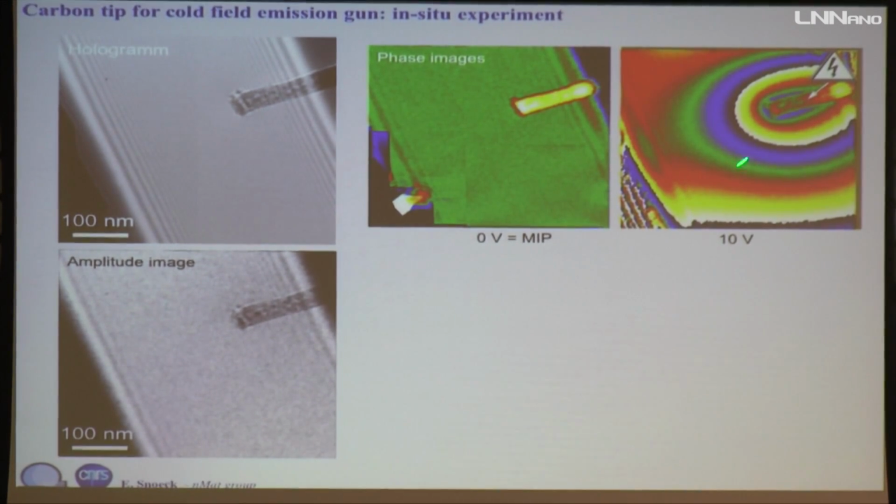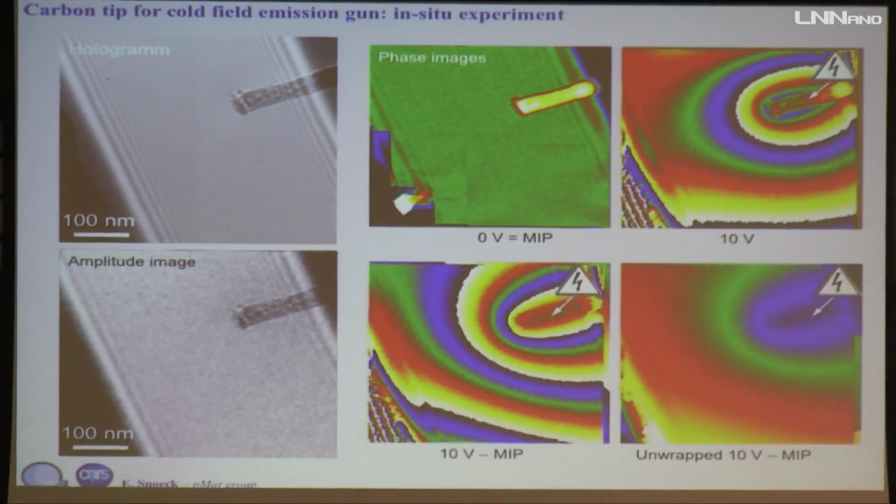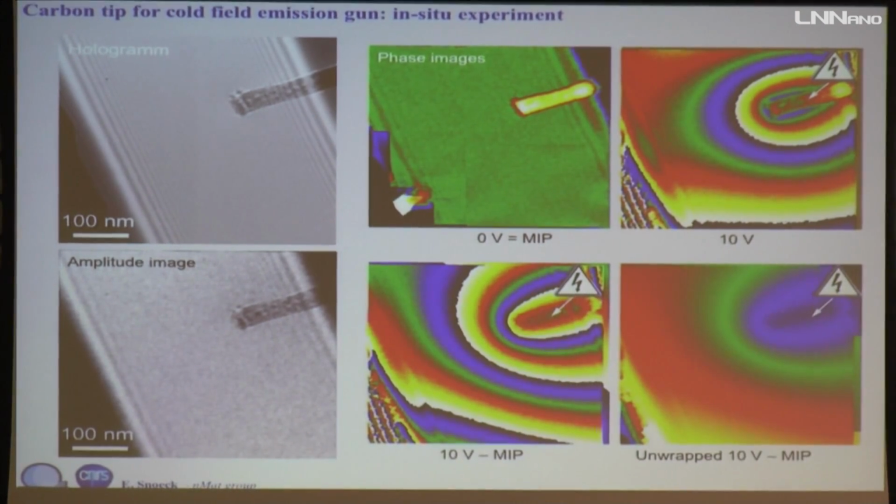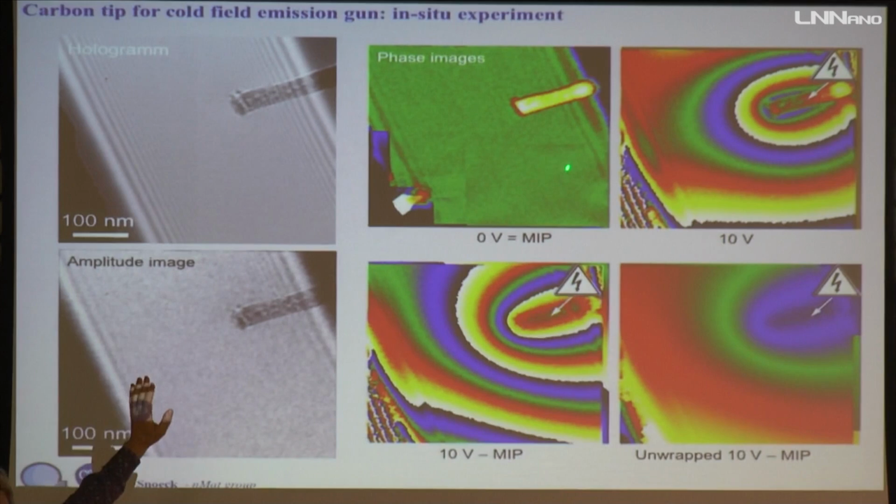The mean inner potential doesn't change, so you can make some image analysis and subtract from this image the one which contains the mean inner potential, and then you have only the electrostatic field which is generated at the tip by the voltage.